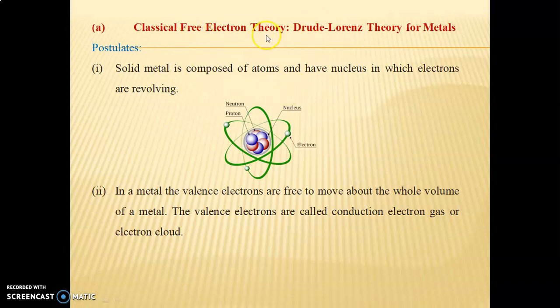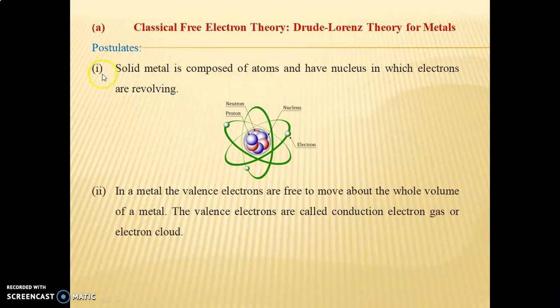Classical free electron theory is the first theory. This theory is proposed only for metals or conductors. It is also called Drude-Lorentz theory of metal. Let us discuss its postulates.